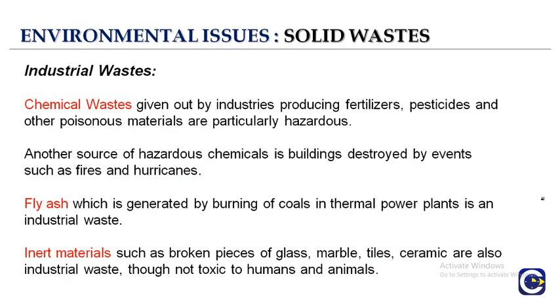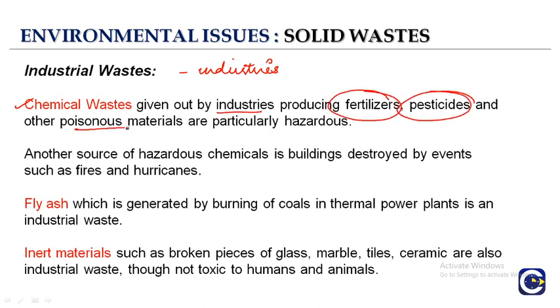Next, we have the industrial waste. So when we're talking about the industrial waste, it includes the waste from the industries. So it includes chemical waste, which is given out by the industries producing fertilizers, pesticides, other poisonous materials which are particularly very hazardous, right?